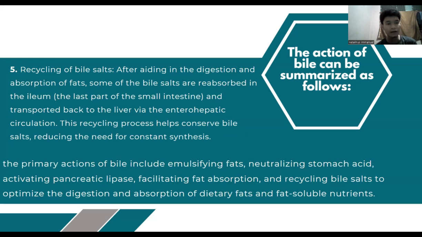The fifth is recycling of bile salts. After aiding in the digestion and absorption of fats, some of the bile salts are reabsorbed in the ileum, the last part of the small intestine, and transported back to the liver via enterohepatic circulation. This recycling process helps conserve bile salts, reducing the need for constant synthesis.